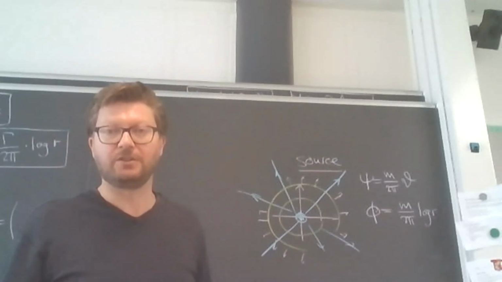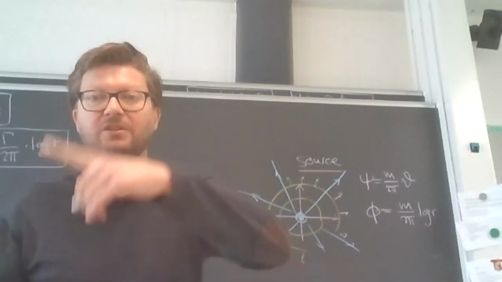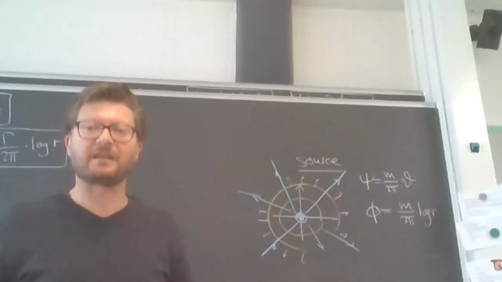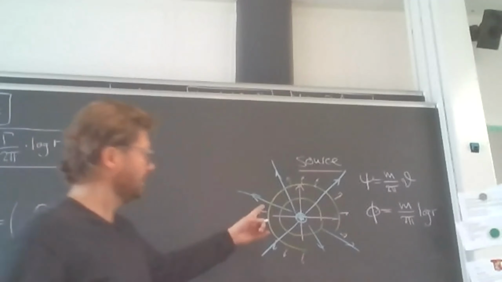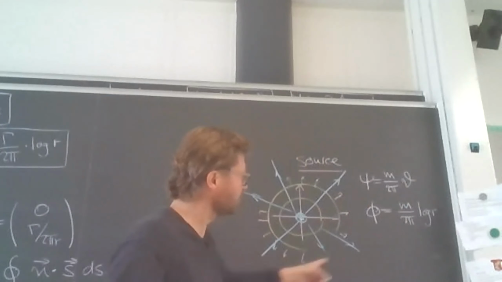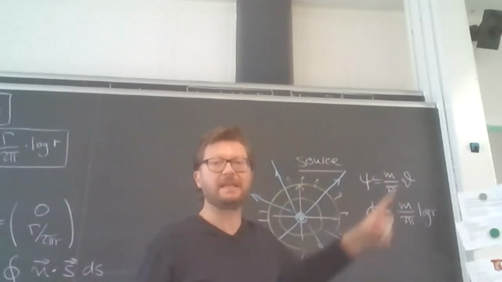And what would you get? You would get the mass flow rate. If you integrate all the velocities going across a certain line, it's like a mass balance. And we know from what we looked at before, the integral along one of these lines will just be m.